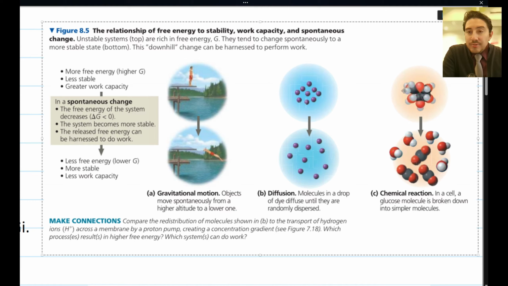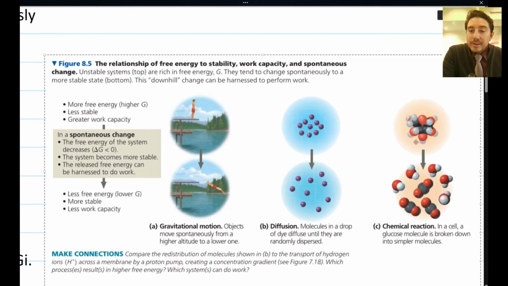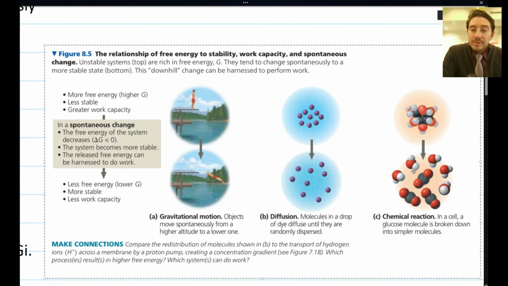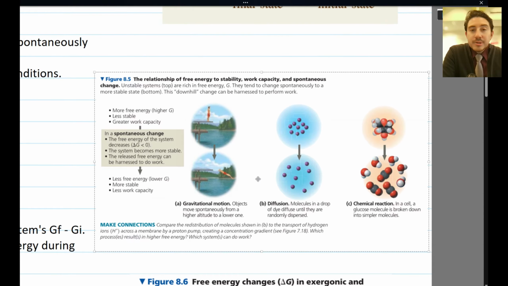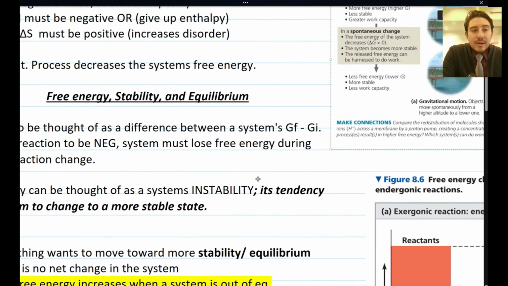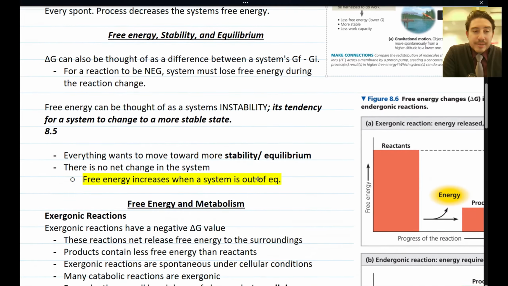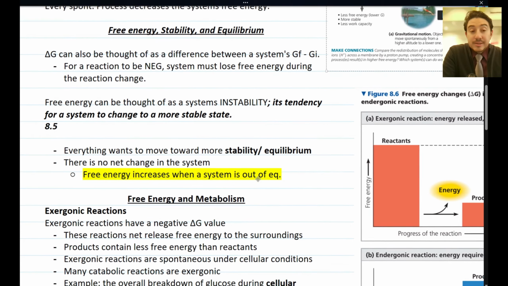The same thing happens with molecules that have a lot of energy, like glucose. As they break apart and are processed into smaller and smaller, more stable molecules like carbon dioxide, you have a change in free energy. So these are examples of how you get stability and free energy within a system.